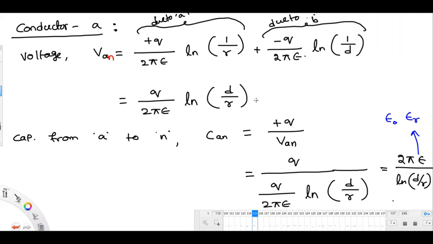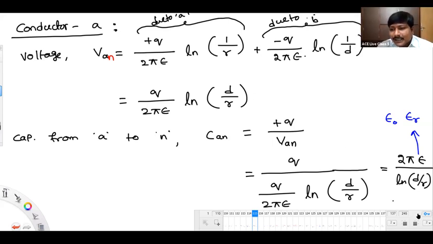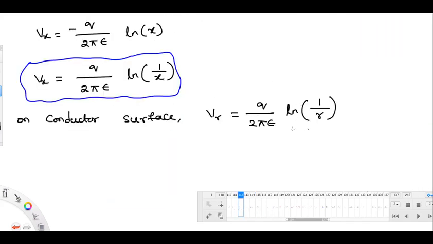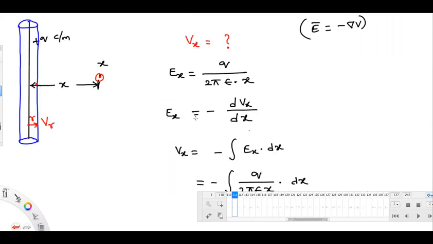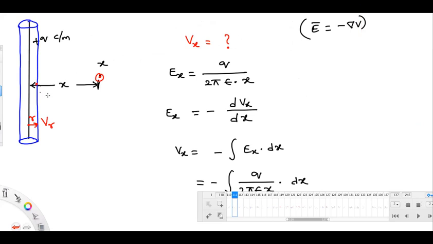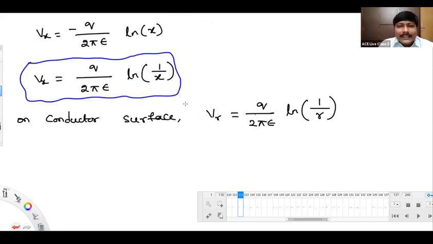In the due to its own conductor, we have taken R because this is a radius. Already I have explained this. Besides a conductor, at a point x, it will be q by 2 pi epsilon into ln of 1 by x. On the surface itself, x is replaced with r.